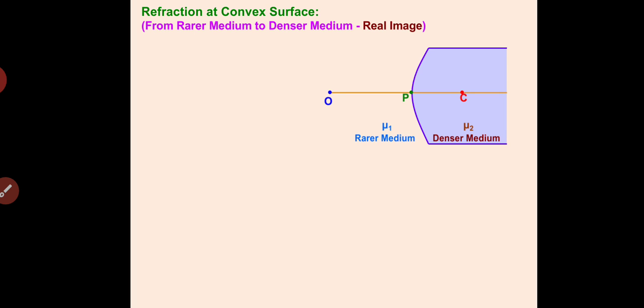Suppose that O is an object placed on the principal axis, at some distance from the pole. Now, suppose that a ray incident from the point object O on the principal axis, after refraction meets the principal axis where a real image is formed.